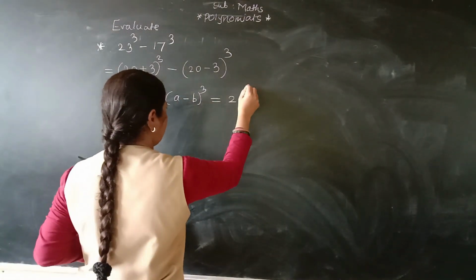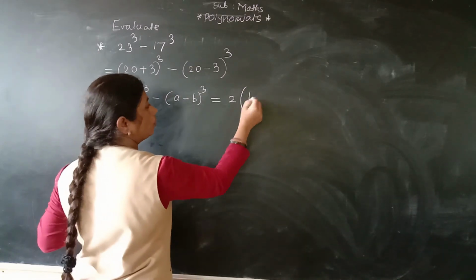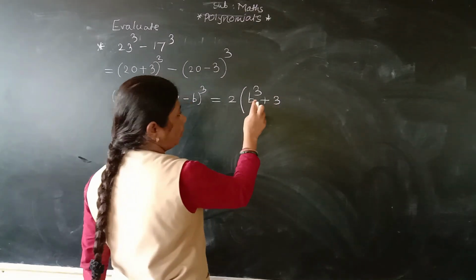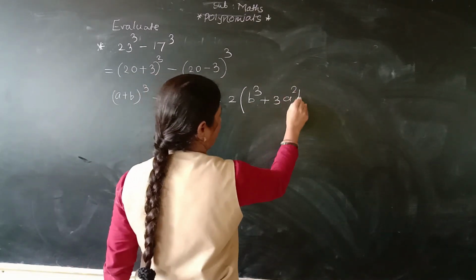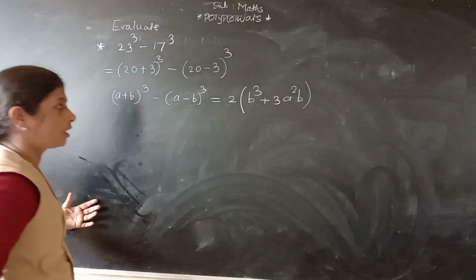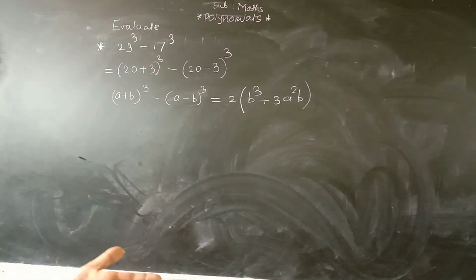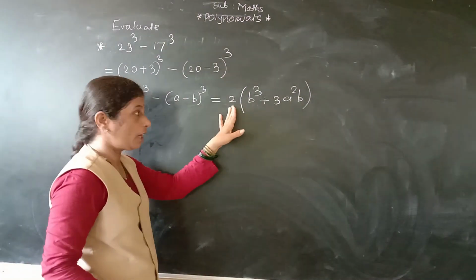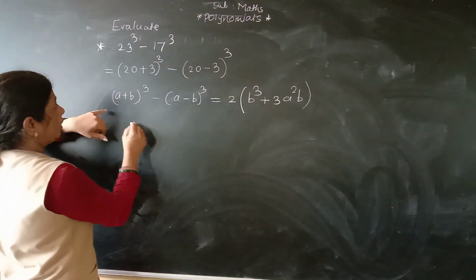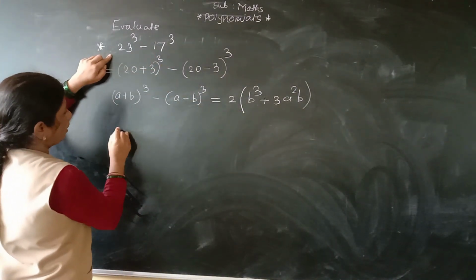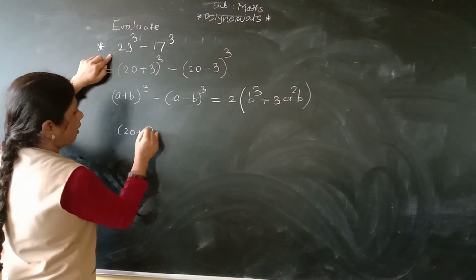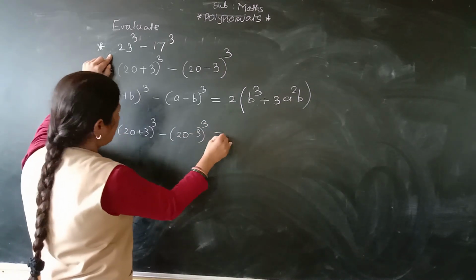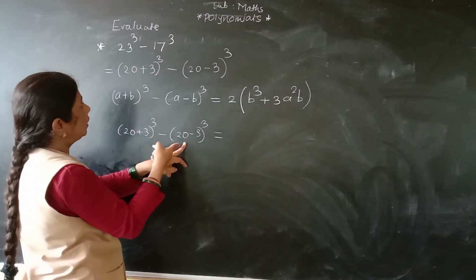Here 2 into bracket b cube plus 3 a square b. This expansion we have got, right? So we will use the same here. 23 cube means 20 plus 3 bracket cube minus 20 minus 3 bracket cube. That means 23 cube minus 17 cube.